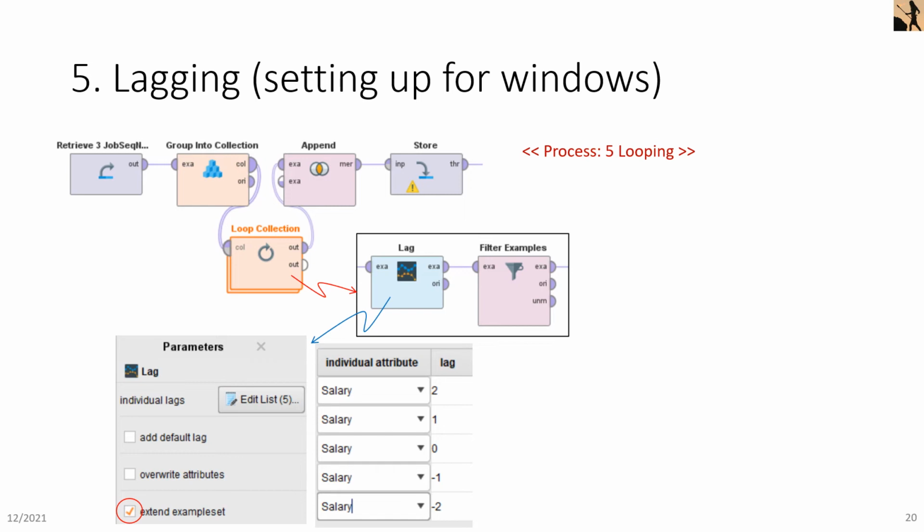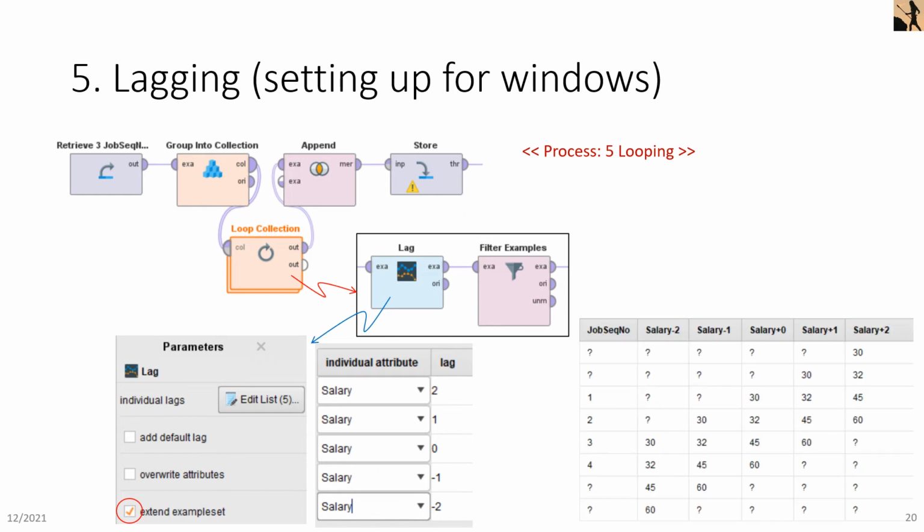And usually RapidMiner, when doing this lagging, will just trim off whatever missing values are at the end or at the beginning. So here I need to explicitly mark it as extend the example set. That will fill in missing values and show me the total list as we show here, right?